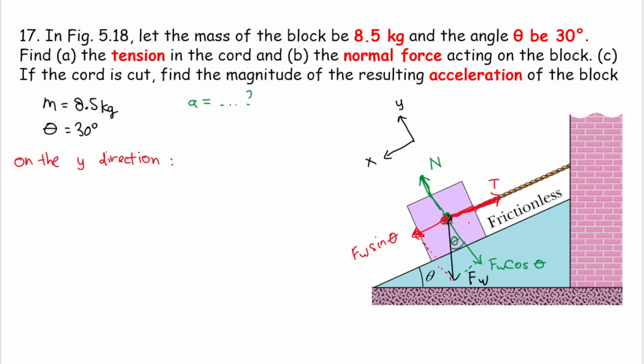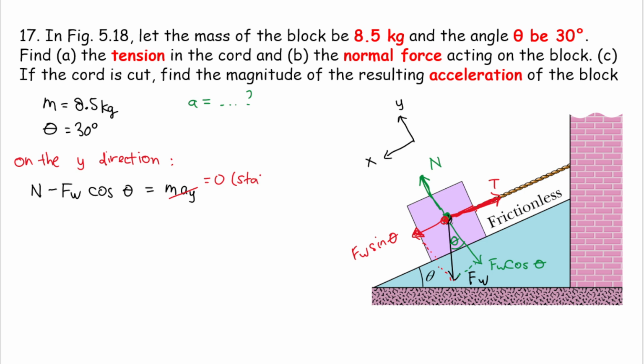We will have the normal force here in the positive direction, and then FW cosine of theta in the negative direction. So I'll have N minus FW cosine of theta, and that will equal the mass multiplied by the acceleration on the y-axis. But on the y-axis it is not moving, it is stationary, so this is equal to 0.